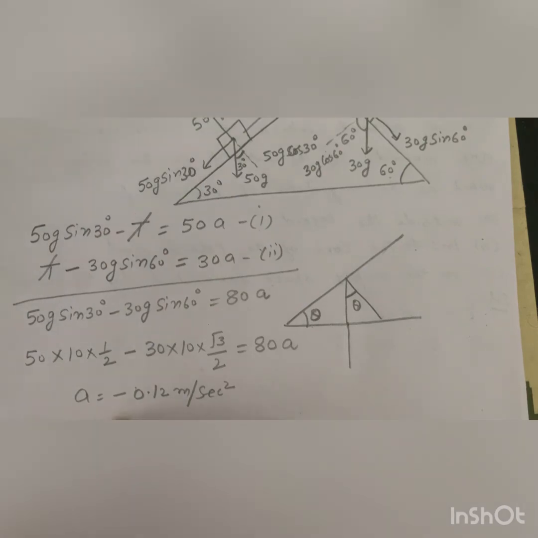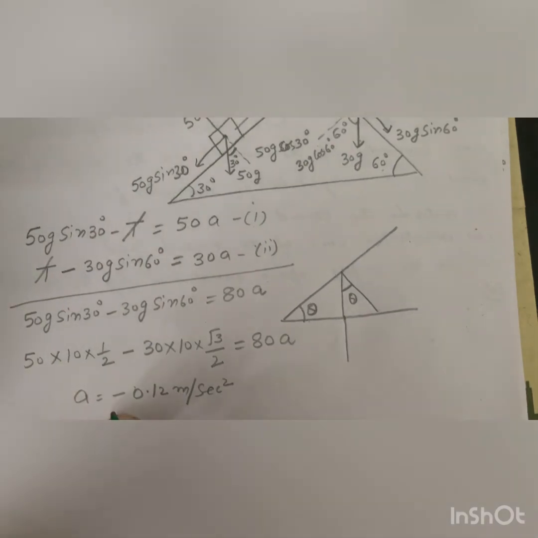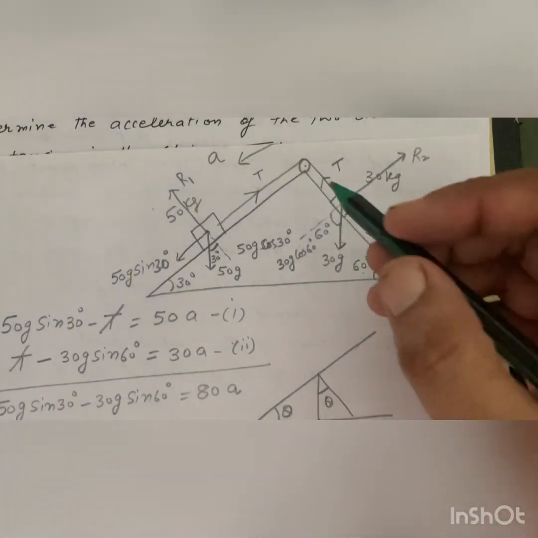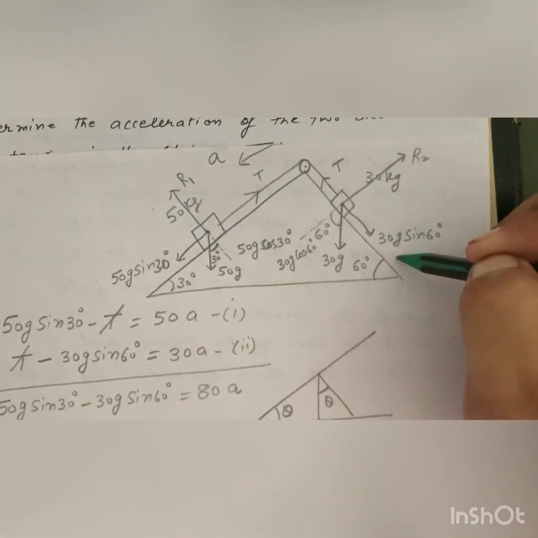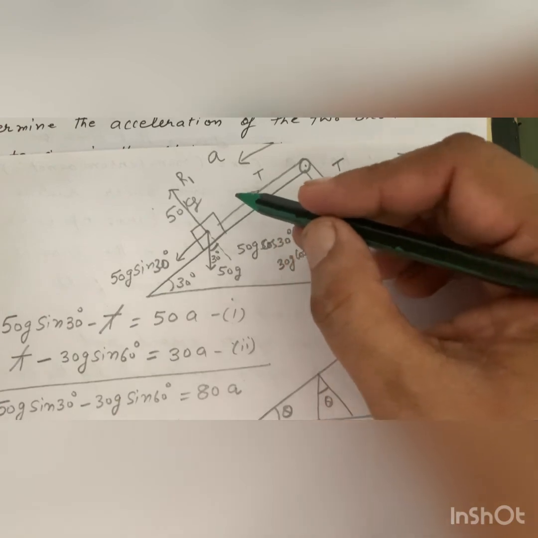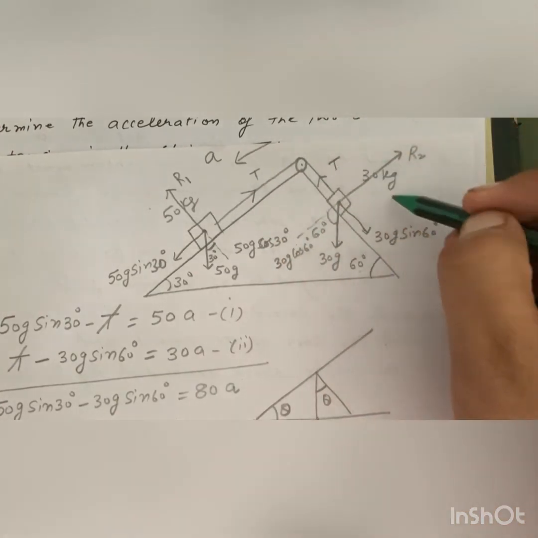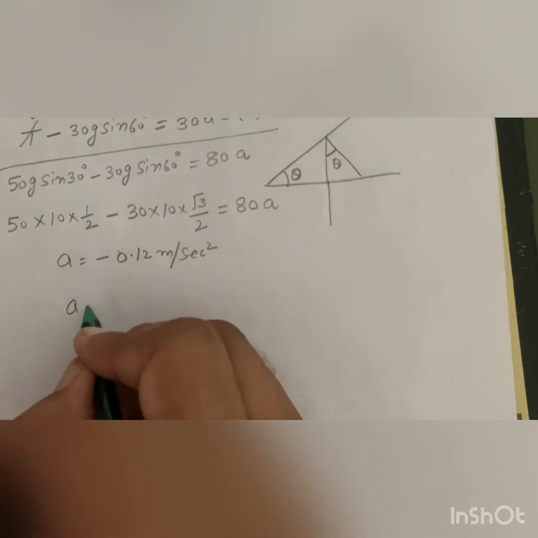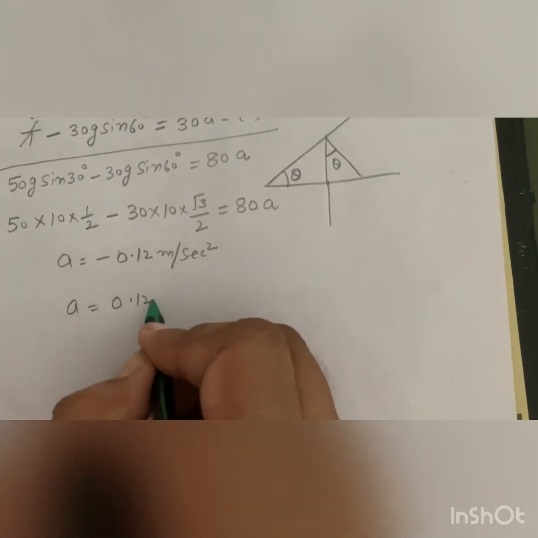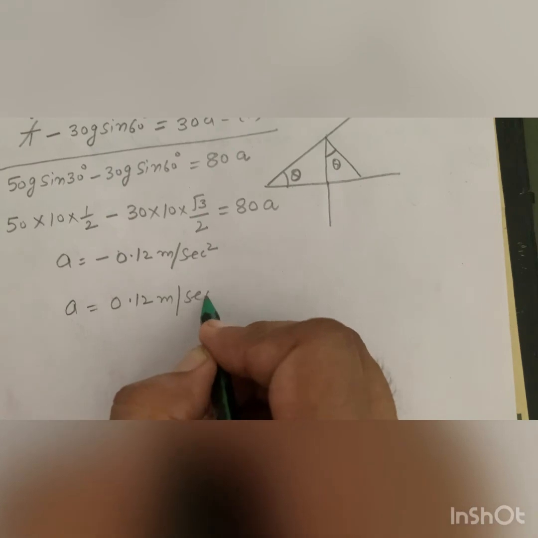Here we get the acceleration is negative, so it means the bodies are moving in this direction, not in this direction, so acceleration is in this direction. So we write like this: acceleration is 0.12 meter per second square.